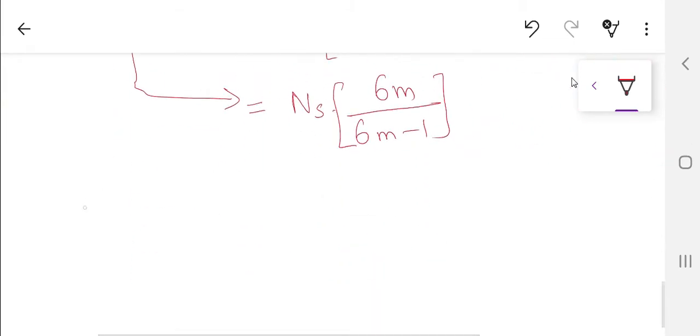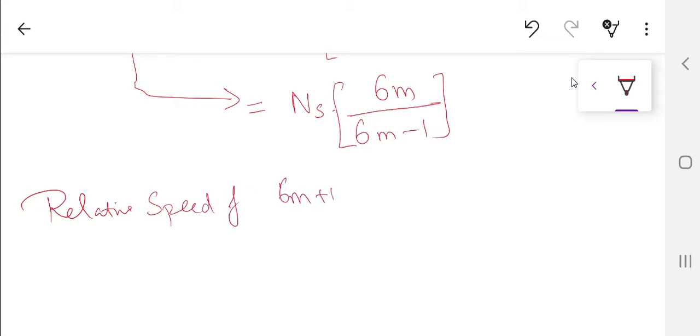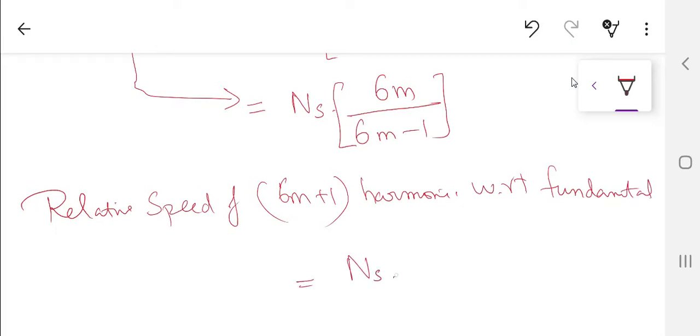Now, with the same formula, without going into the proof, the relative speed of the 6m plus 1 harmonic with respect to the fundamental is just equal to ns into 6m over 6m plus 1.